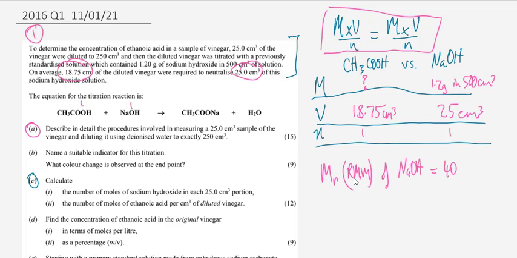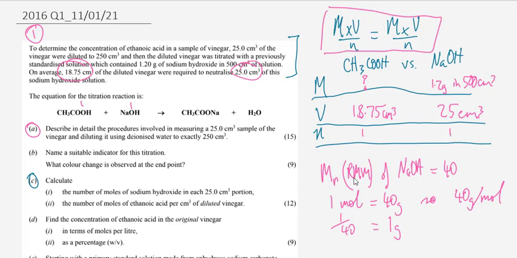It's 40, so 1 mole equals 40 grams, so there's 40 grams per mole. And to find out how many moles are in 1.2 grams, I can simply do 1 gram equals 1 over 40, dividing both sides by 40.